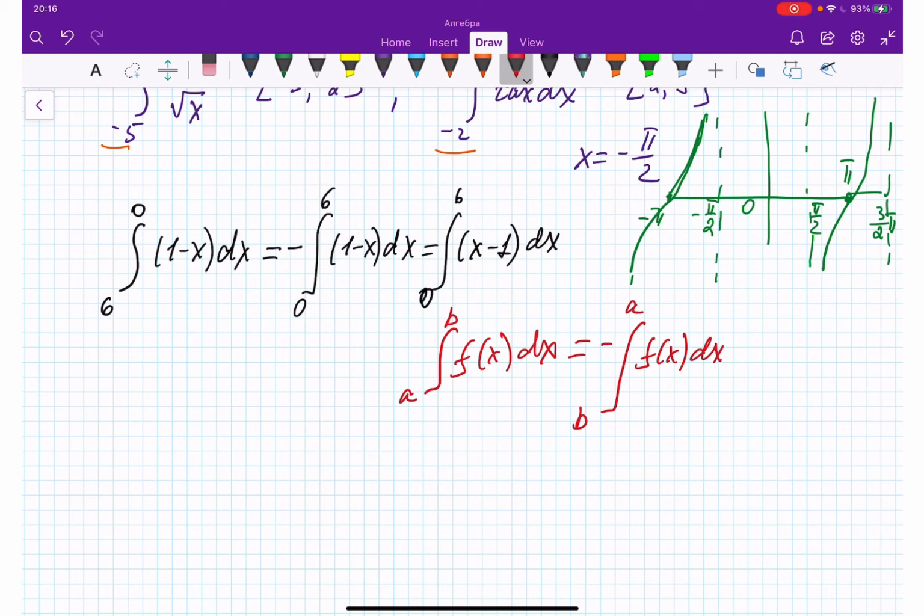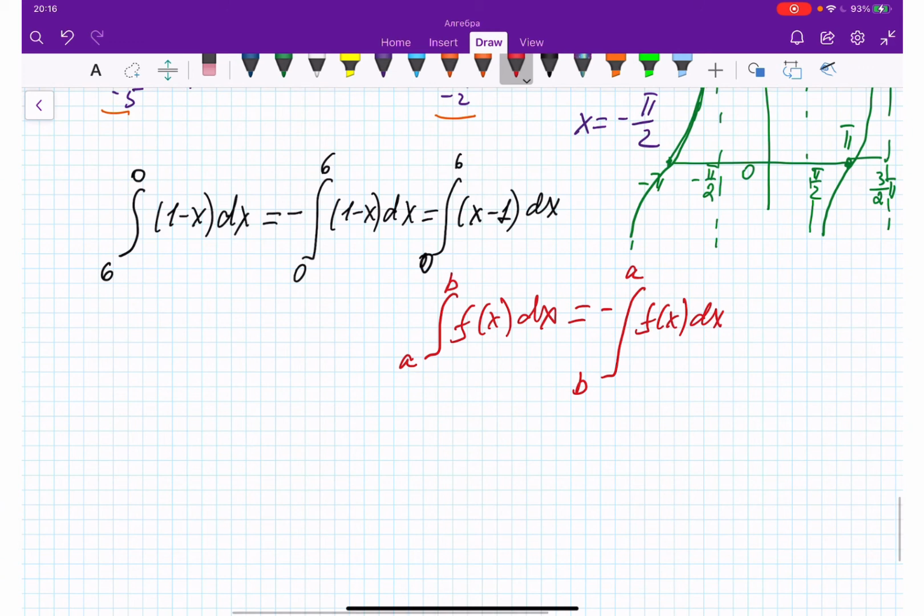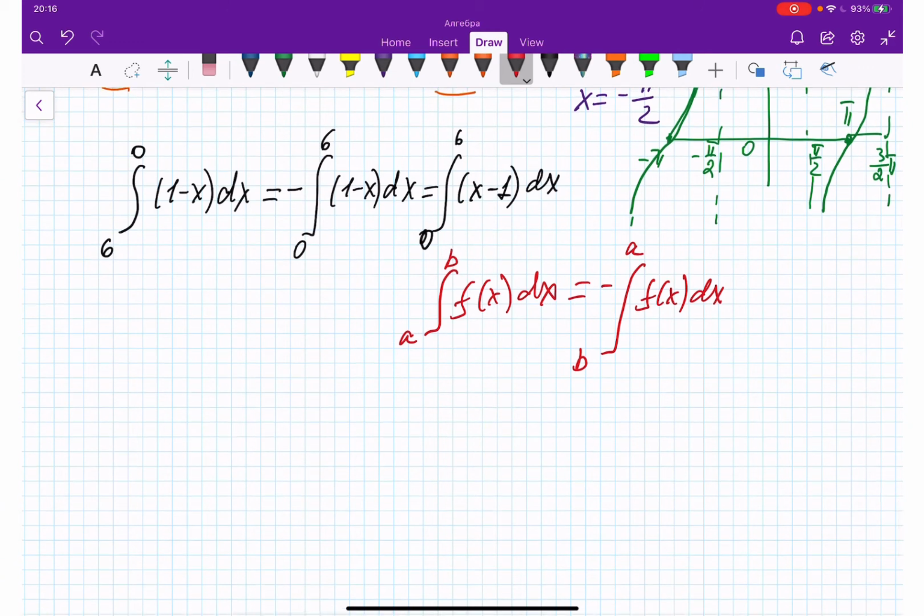Okay. All other properties are identical with the indefinite integral. That's where a constant can come out, or the integral of a sum of functions is equal to the sum of two integrals. We can also use substitution.